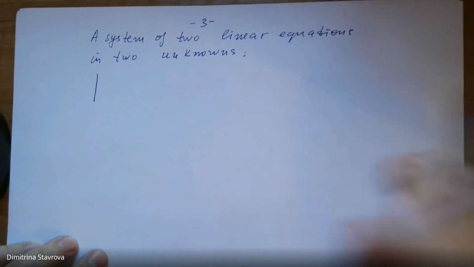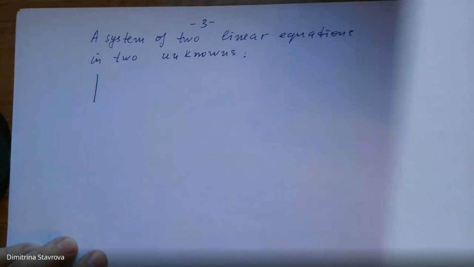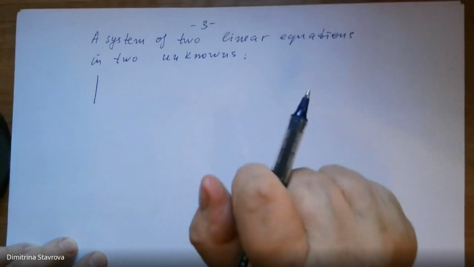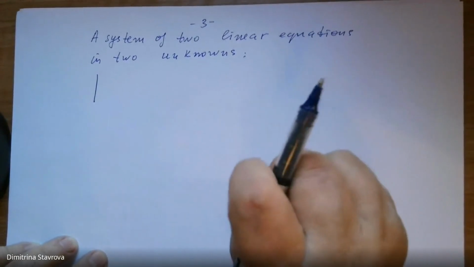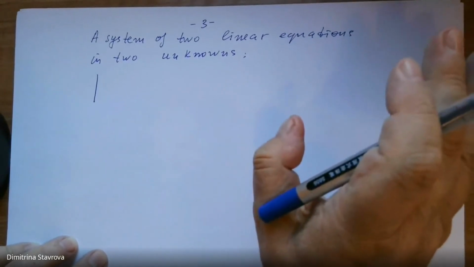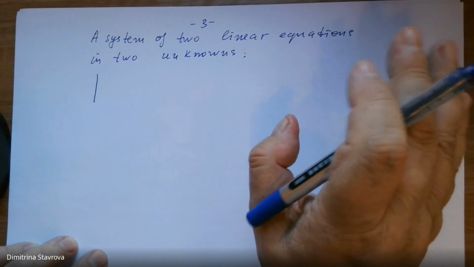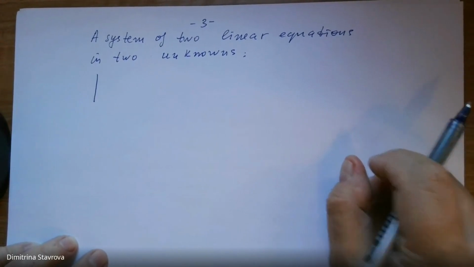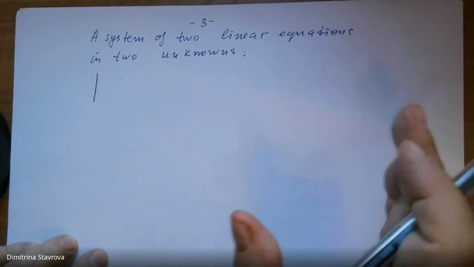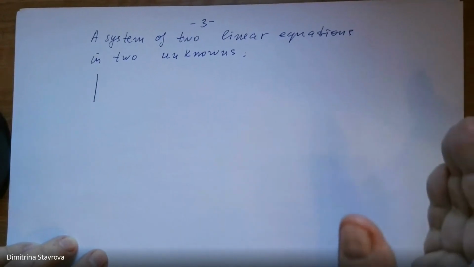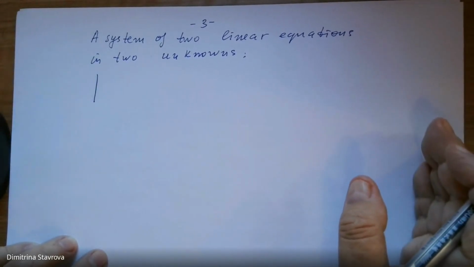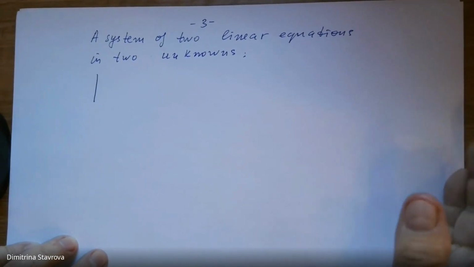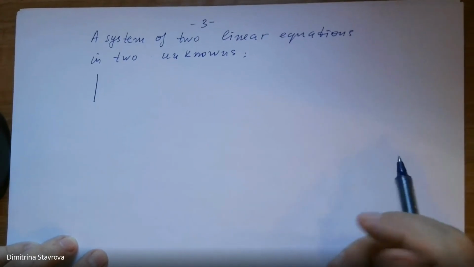We might expect that, as we saw, if we have only one linear equation and two unknowns, then we cannot have a unique solution. And we might jump to a conclusion that if we have two unknowns and two linear equations, then we might almost always find a unique solution.